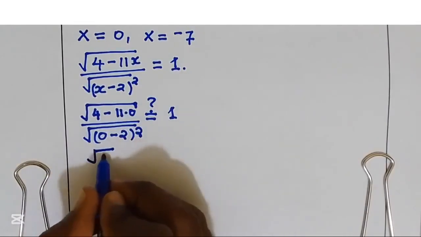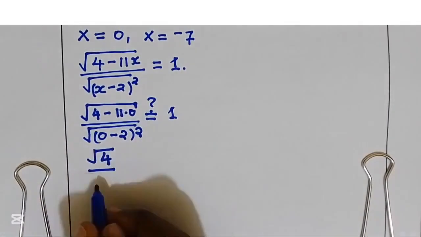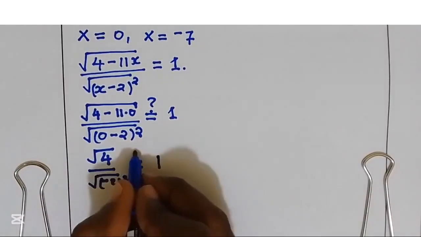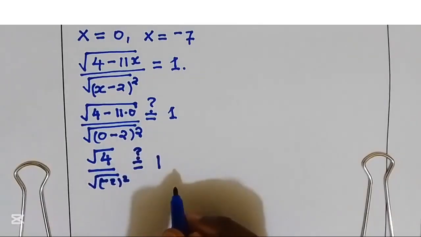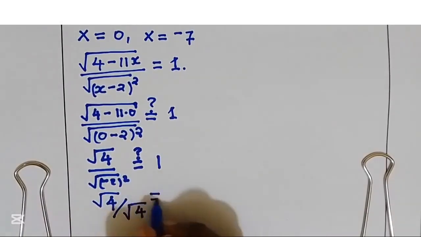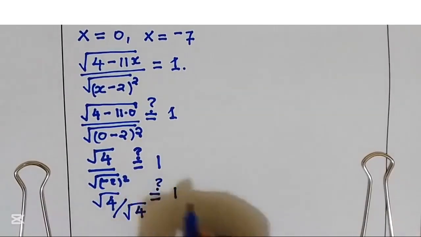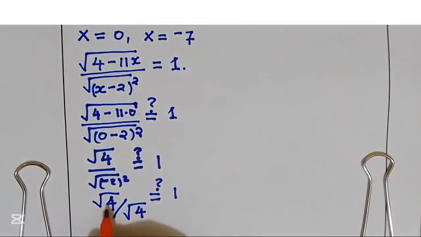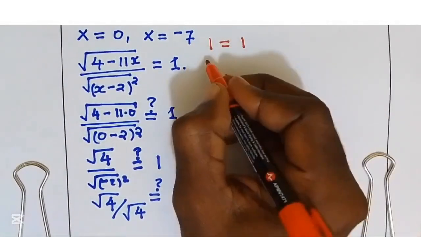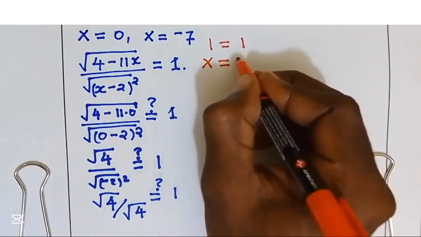Square root of 4 over square root of (minus 2) squared is equal to 1. Is that true? We have square root of 4 over square root of 4 is equal to 1, or 1 is equal to 1. Now, x is equal to 0 is a correct solution.